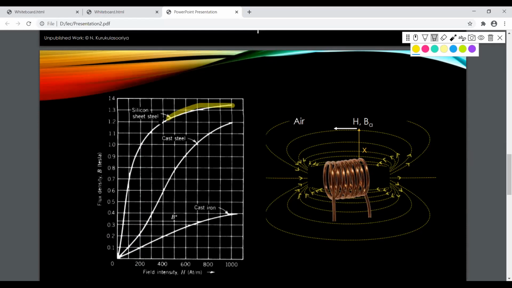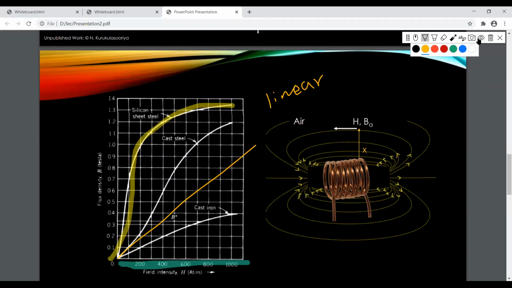For instance, for silicon sheet steel, if you change the magnetic field intensity from 0 to a higher value continuously, the variation is not linear, as you can see. Linear in the sense that it's not a simple line. It could have been a simple line, but it's not, right? If this graph was a line, then we would call this relationship linear.